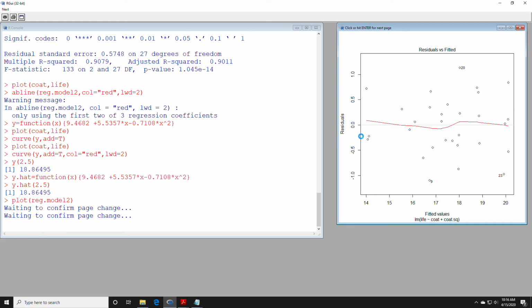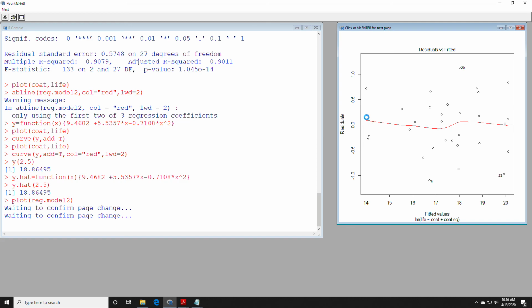In the perfect case, we want this line to be horizontal at 0, because we want the expected value of these error terms to be 0. What we can see is it strays a little bit, but overall this looks great.